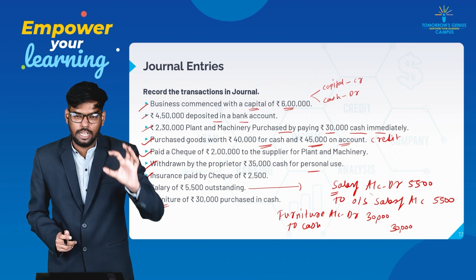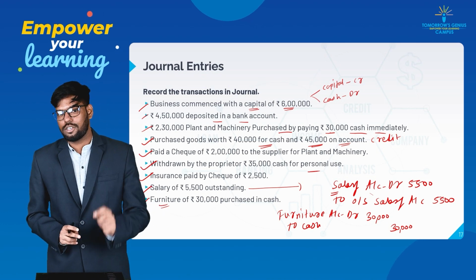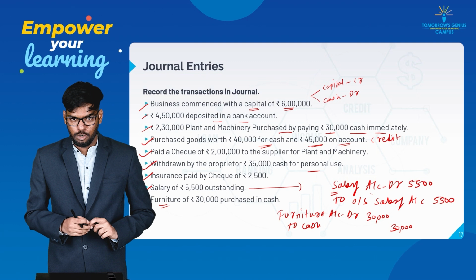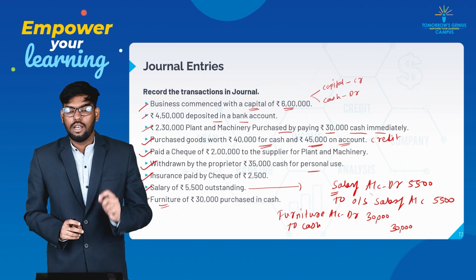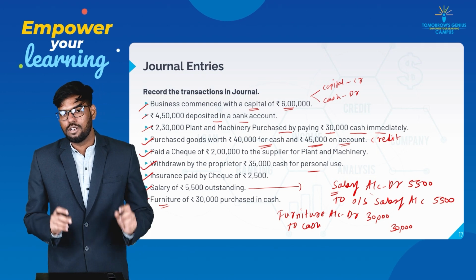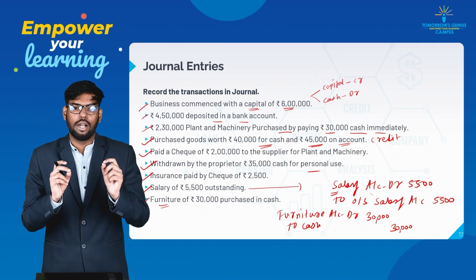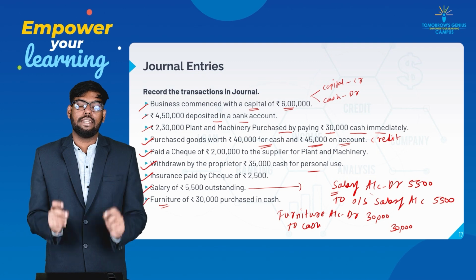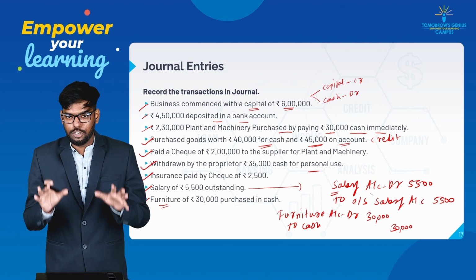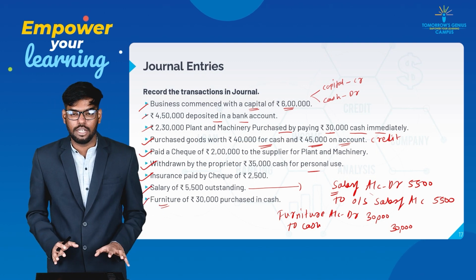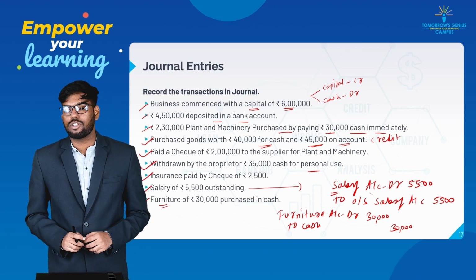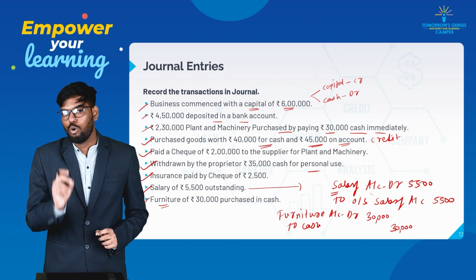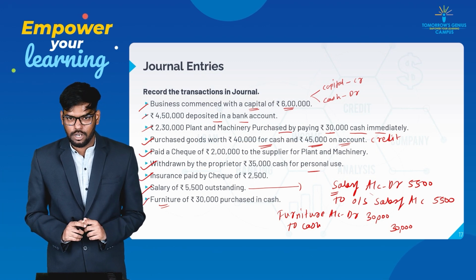When you prepare the trading and profit and loss account, you understand the financial performance of your business, that is, whether you earned a profit or suffered a loss, right? And when you prepare a balance sheet, you understand the financial position of your business, the position of your assets as well as your liabilities, right? And there, the accounting equation helps you. The accounting equation says your assets are always equal to your liabilities and capital, right?